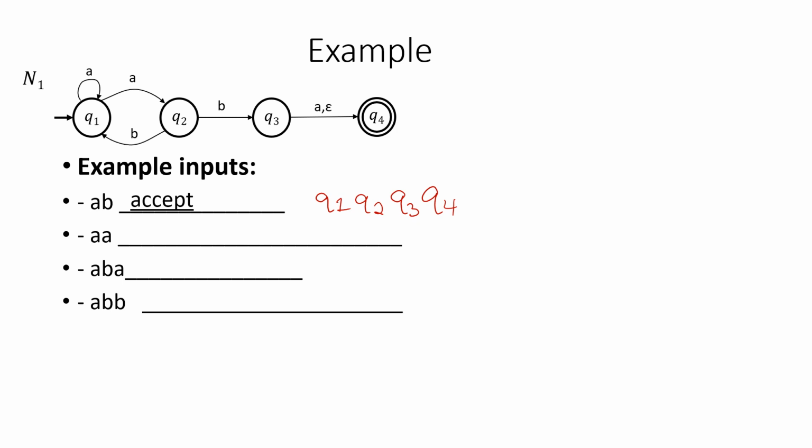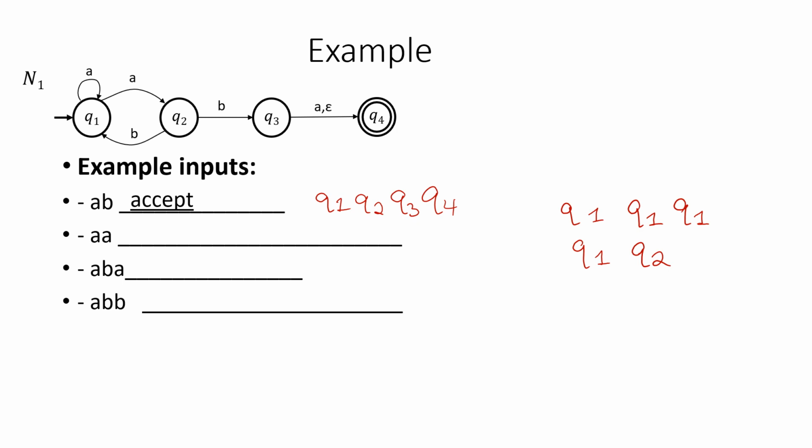I'm in Q1, and Q1 can either just keep reading A's in Q1, or I can go Q1 and then Q2, at which point I would fail because I don't have any arrows out from Q2 for an A. Now I could keep reading in Q1, go to Q2 at the end, but neither Q1 nor Q2 are accept states.